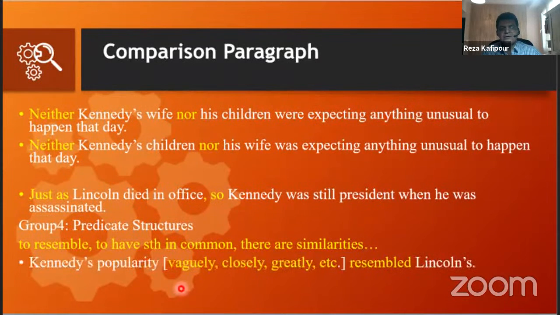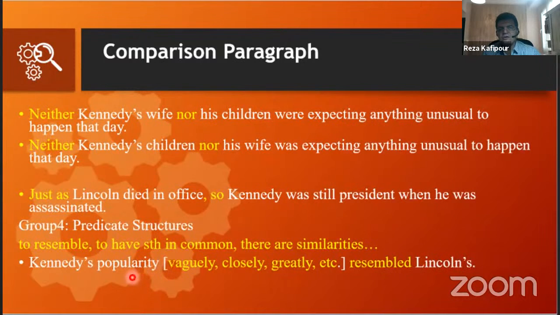For example, here, again, for the verb, we may use a degree of comparison, for example, closely, greatly, unclearly, vaguely, or any adverb that refers to degree of comparison. Here we say Kennedy's popularity closely resembles Lincoln's. That means Lincoln's popularity.